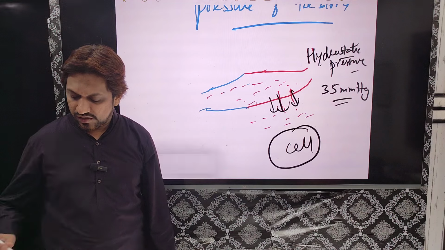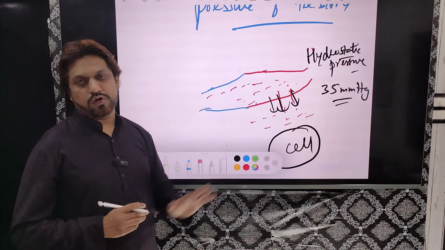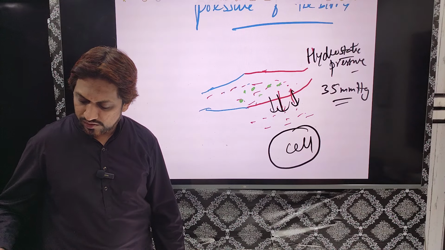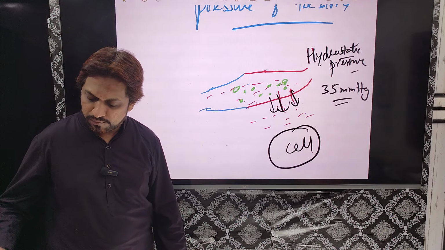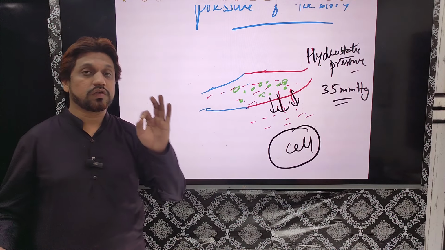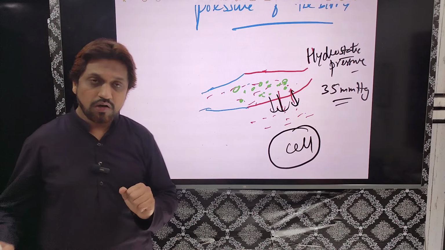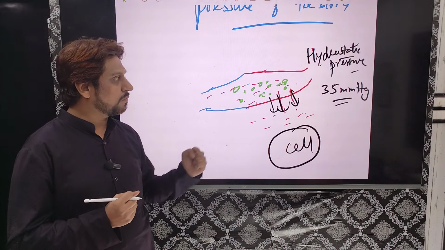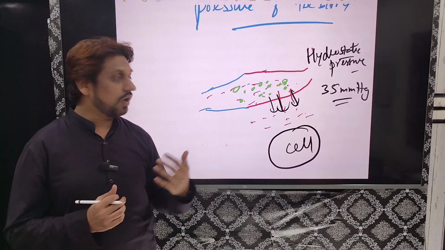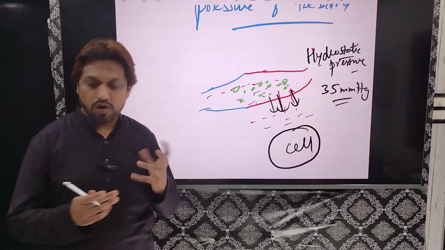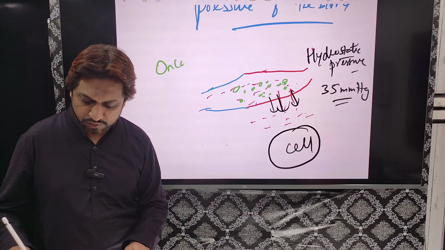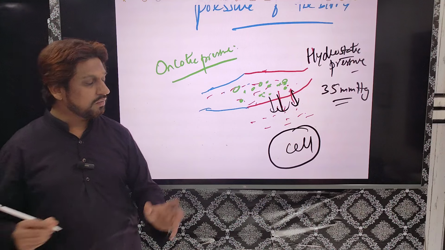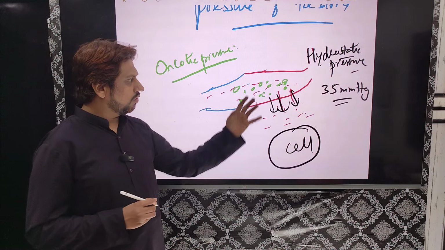Now consider plasma proteins, which are of course present in the blood, in the capillaries here. Mainly albumin, they also exert some pressure, and the pressure exerted by the plasma proteins is known as colloidal osmotic pressure or oncotic pressure. Both are the same.